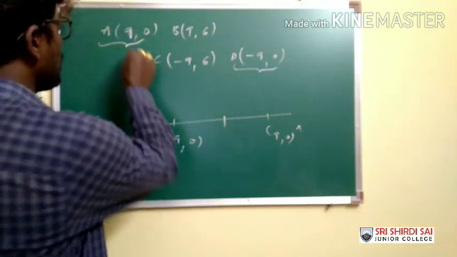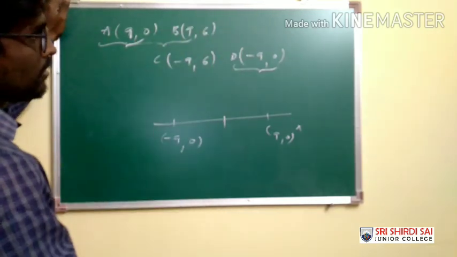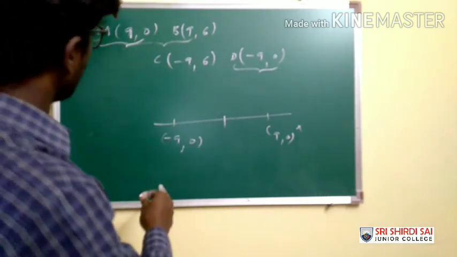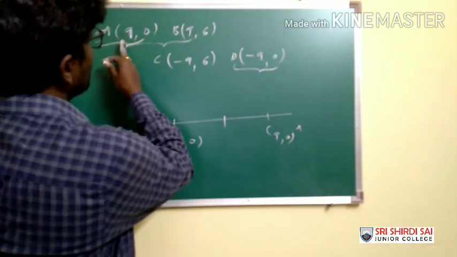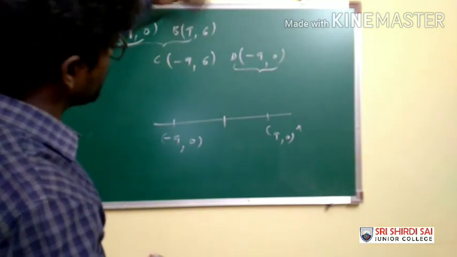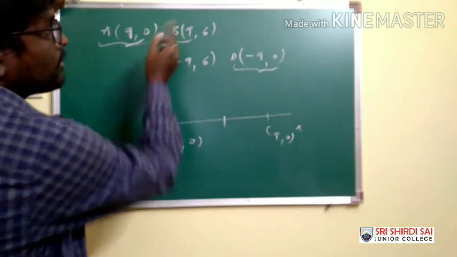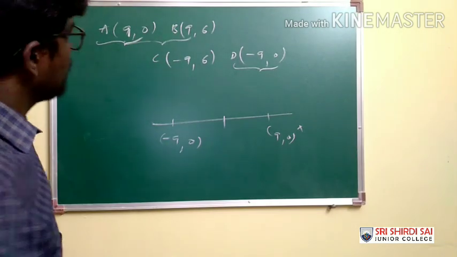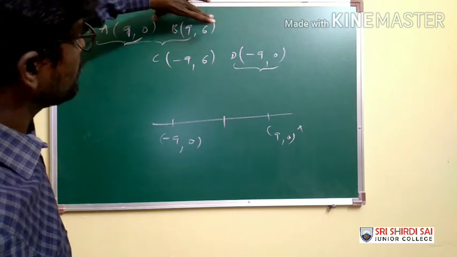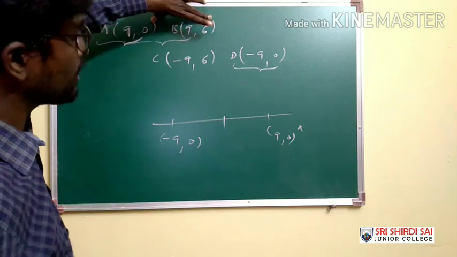here you have equal x coordinates with different y coordinates. Means the line you get with the coordinates (9, 0) and (9, 6) will be horizontal or vertical? Tell me, when you have equal x coordinates with different y coordinates, the line is going to be vertical.